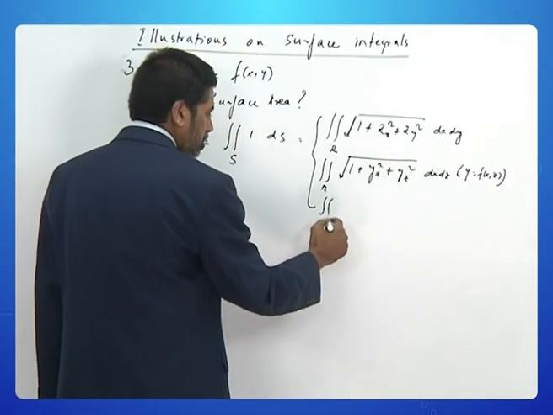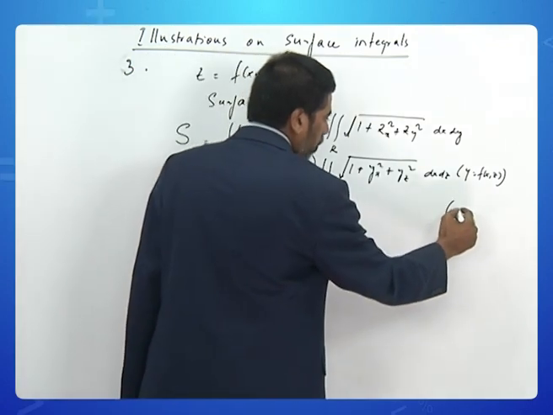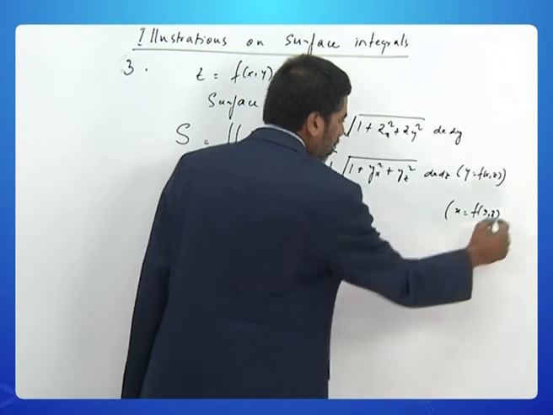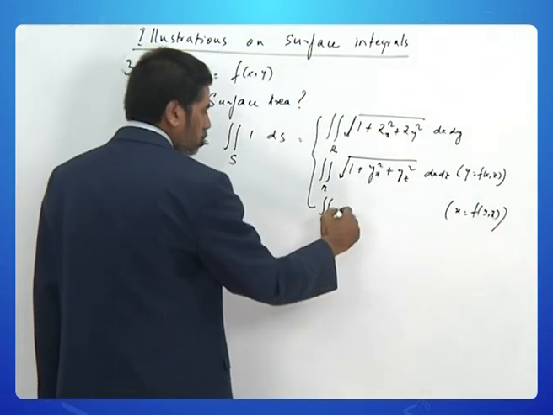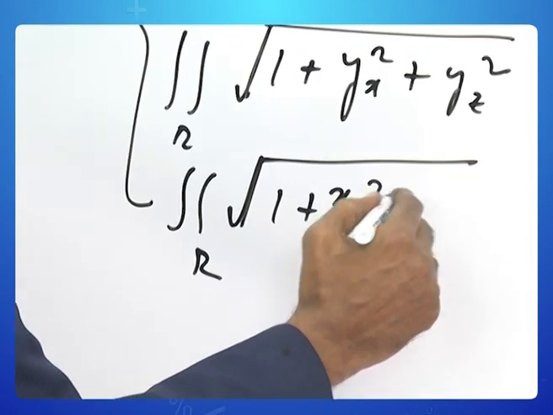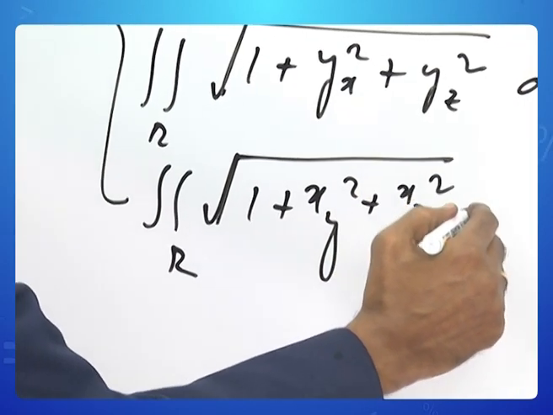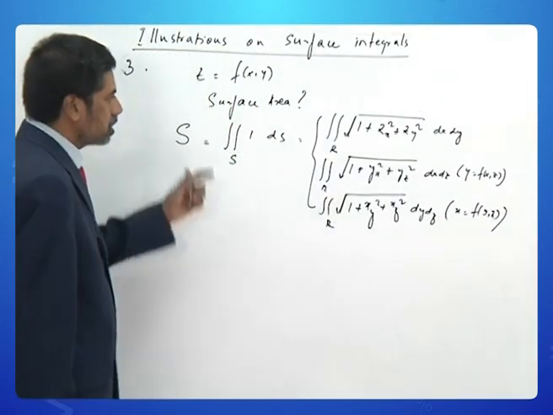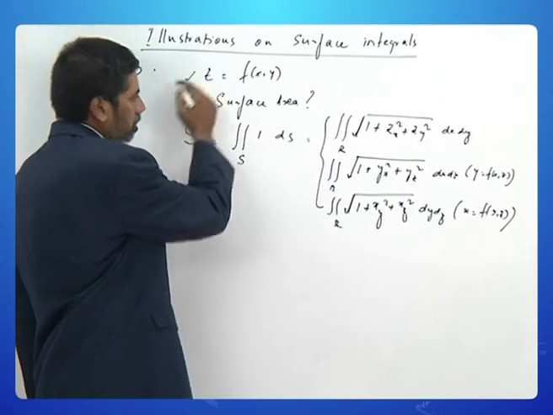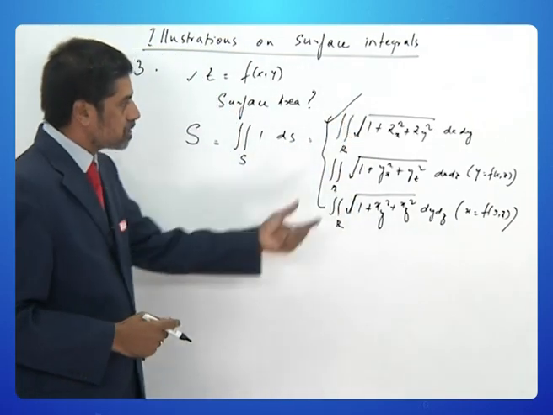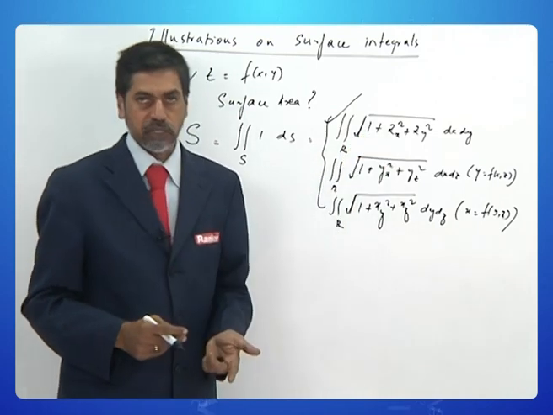And in the last case, when x is a function of y and z, square root of 1 plus xy squared plus xz squared dy dz. So because in this question this surface was given, the correct option would be that. So we can use this very effectively to find out surface integrals.